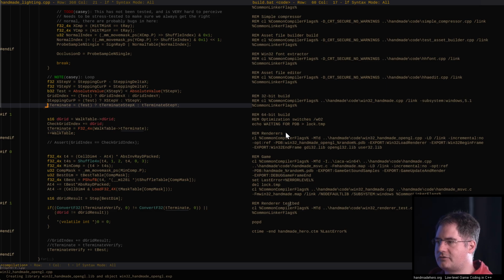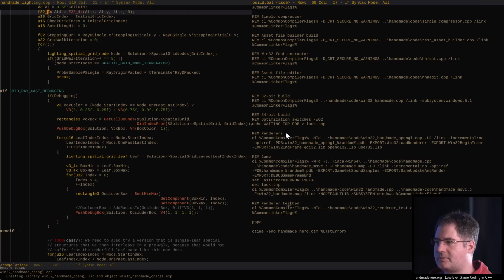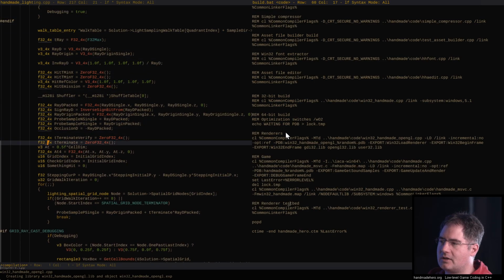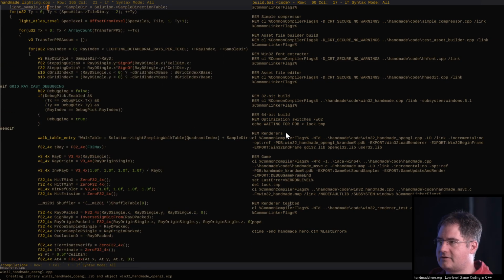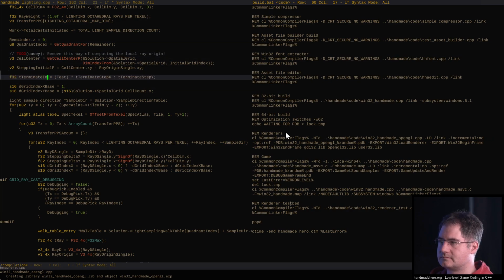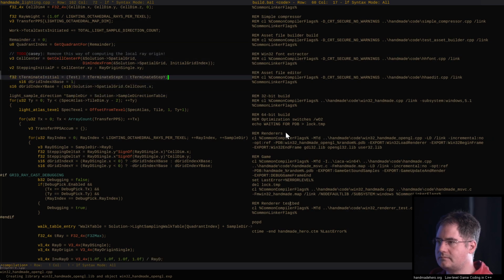So if you assumed that you took t-terminate and you said, well, we're going to start out by saying, where is the t value along the ray for this cell? So you basically say, t-terminate initial. And you know what that is.